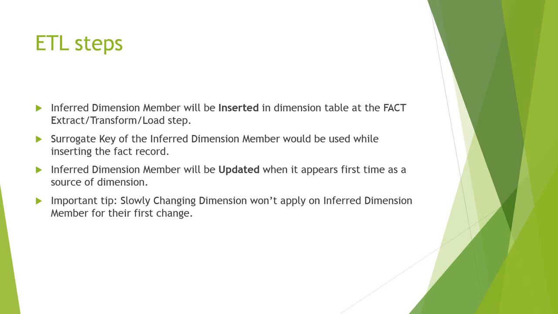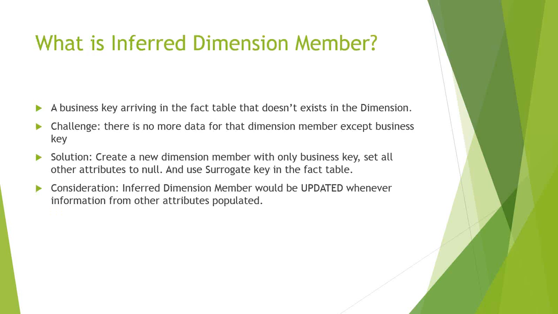The reason is that if we don't create that dimension member, we may lose that record, and that record may just appear once in the data load. It may not be there every night, for example, in some scenarios. So the solution is to create the record, set all attributes to null, and create the surrogate key.